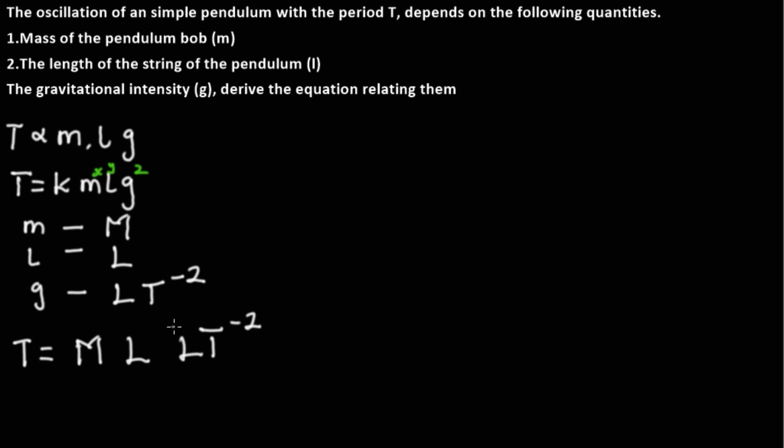Now, we do what we said earlier by assigning the powers to them. So on assigning the powers, we get this raised to power x, this raised to power y, and this one raised to power z. Now we open the brackets. So on opening the brackets, this is what we get.